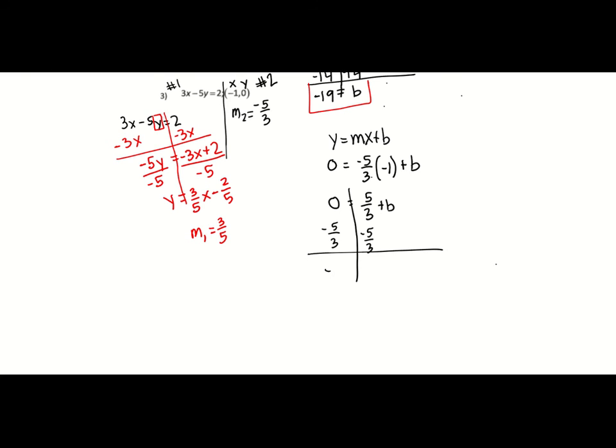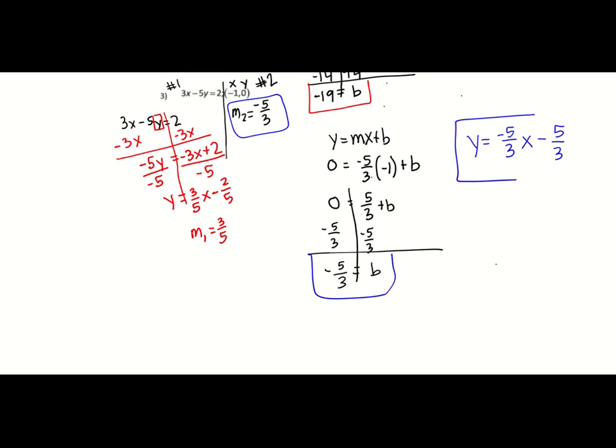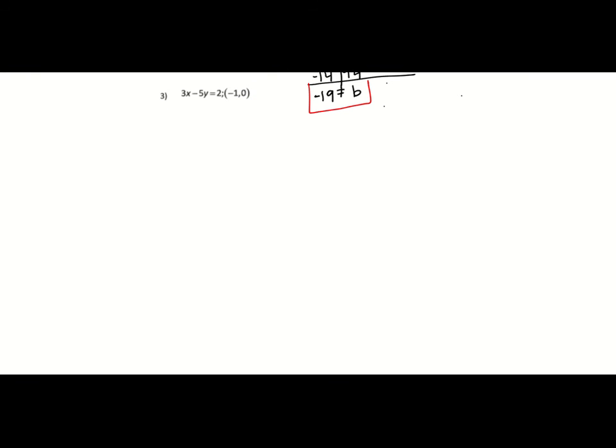Do that, I get negative 5/3 is equal to b. Now I have my b, I have my m. I can write my final equation, y equals mx plus b. And that is my final answer. That equation is perpendicular to the one they originally gave me.